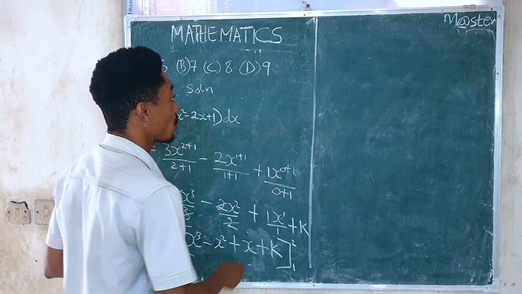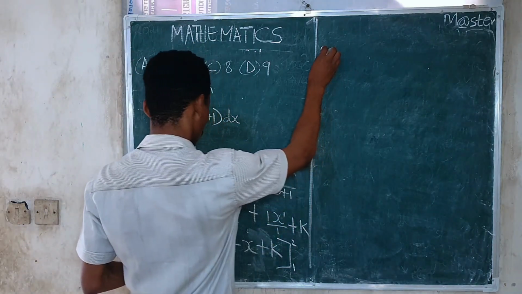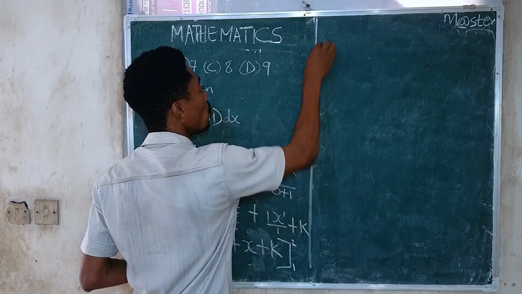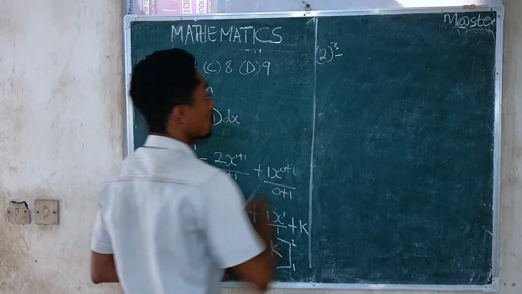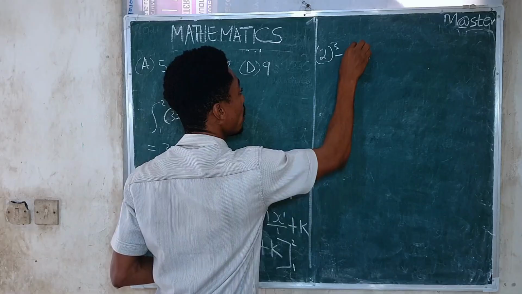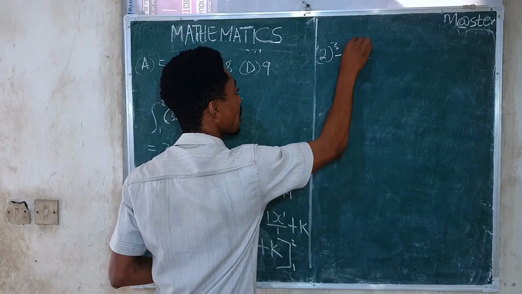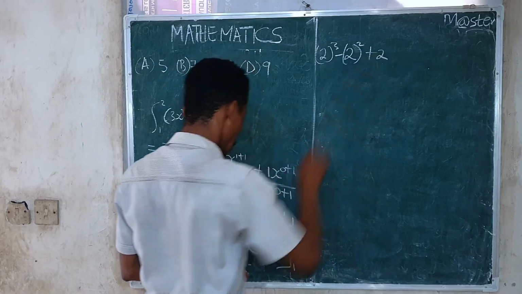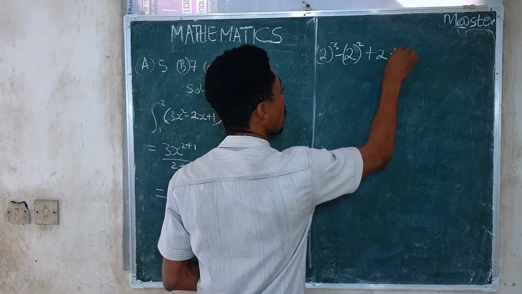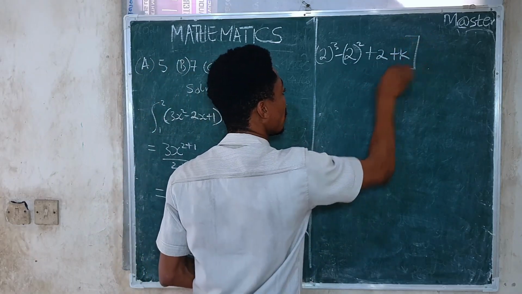Let's see how that goes. So this is 2 cubed, minus 2 squared. Let me put that in brackets like that. Plus 2 plus k.